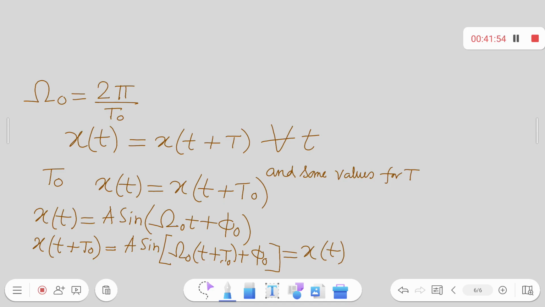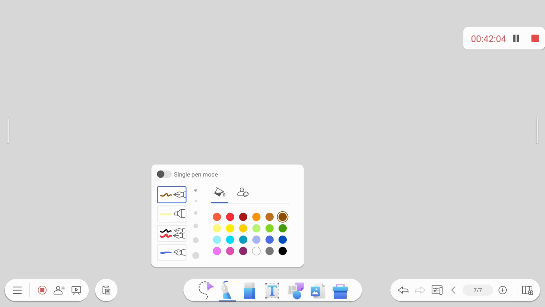But the situation is not that easy for a discrete time signal. Discrete time sinusoidal. So let me consider how we can write down the expression for the discrete time sinusoidal signal. We know that x of t is given by A naught sine of 2 pi f naught t plus phi naught.